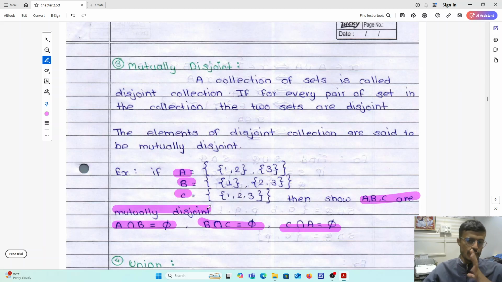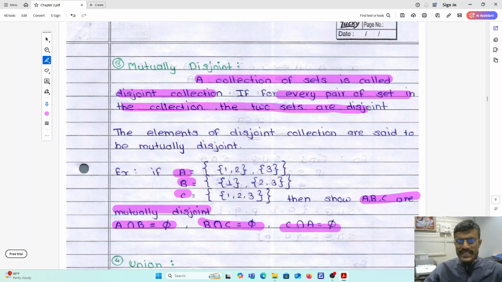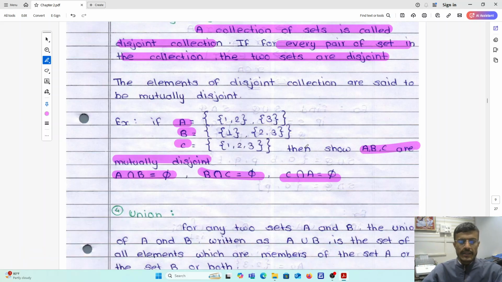A collection of sets is called a disjoint collection if every pair of sets in the collection is disjoint. That is the formal definition. Whenever more than two sets are given, if you take every pair of sets and their intersection gives the empty set, then all these sets together are called mutually disjoint.